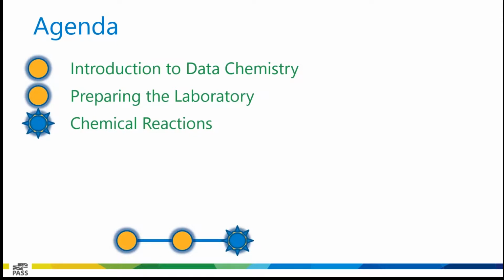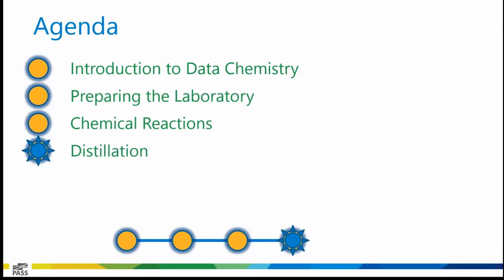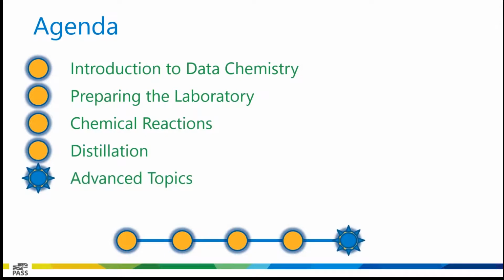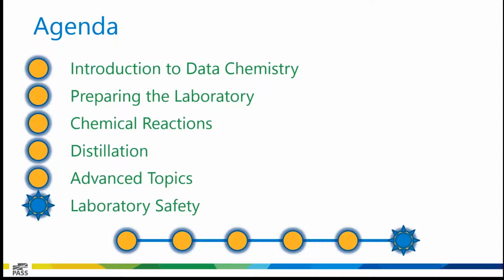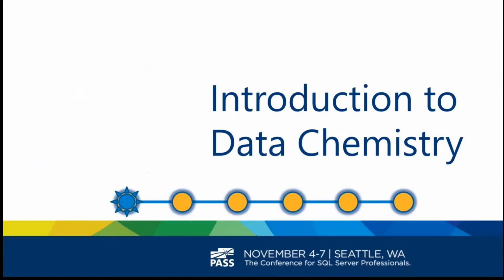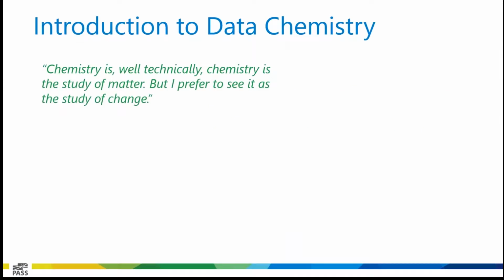We're going to talk about various chemical reactions, basically the things that you can do with data inside Power Query. I liken them to some common chemical reaction types. We're going to talk about distillation, which is largely about removing impurities, etc., but you can figure out what that's going to be about. And then we're going to do a little bit of advanced topics, and then a little bit about laboratory safety. So let's start diving right in with our introduction to data chemistry.